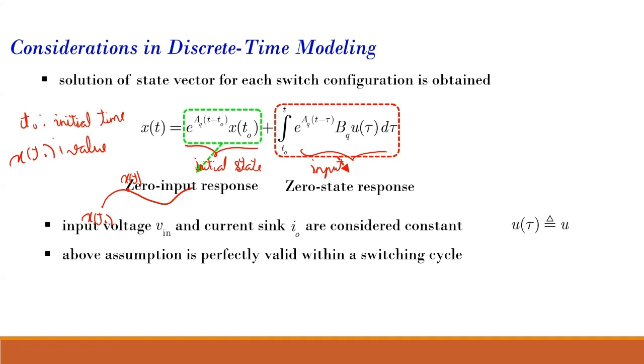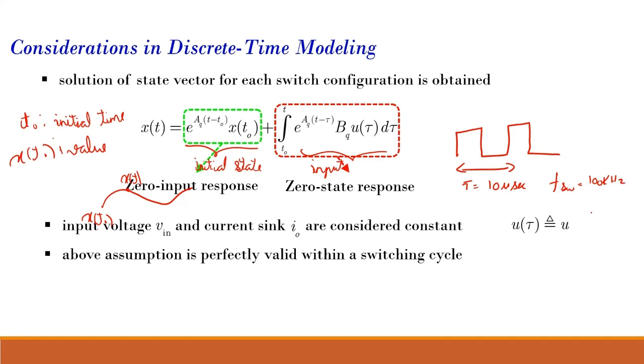Now we will assume that the input voltage and the output current are constant. This assumption is valid just within a switching cycle. Let us assume the switching time is around 10 microseconds, which corresponds to a switching frequency of 100 kilohertz.